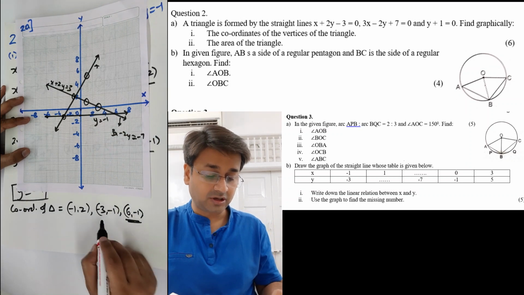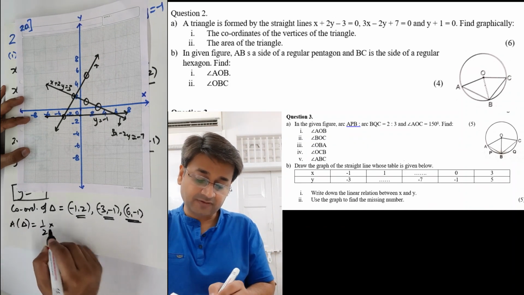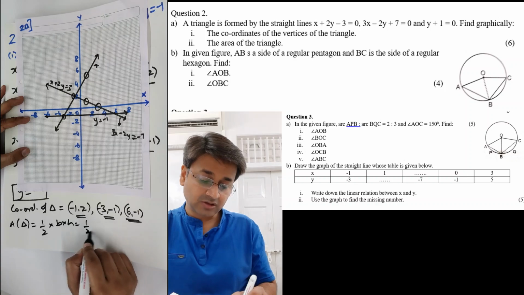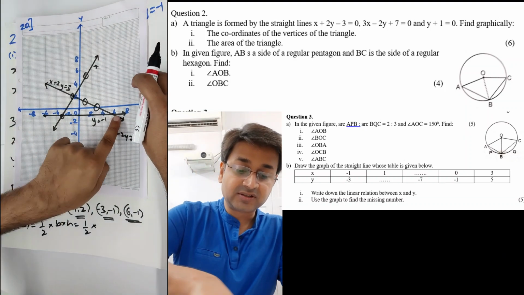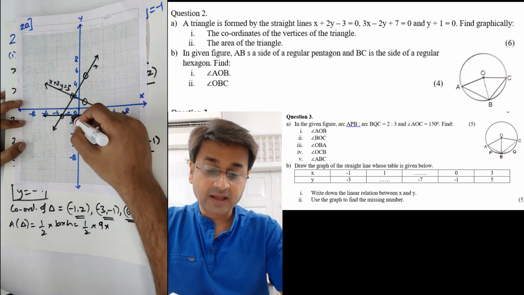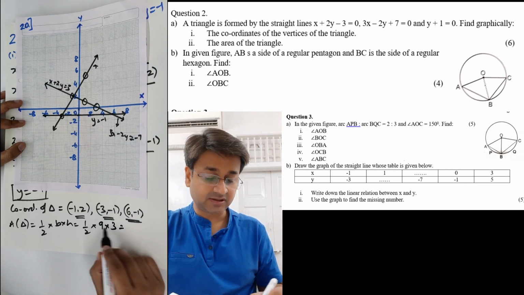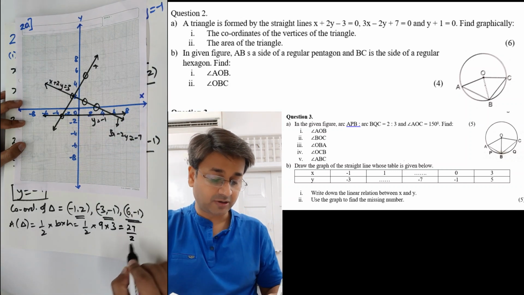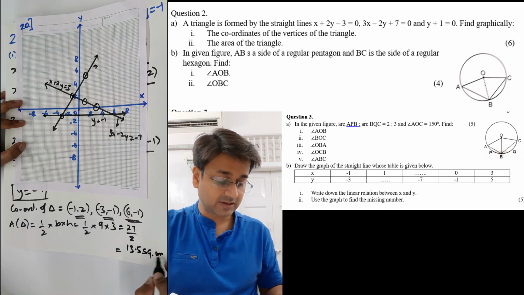So we got all the 3 points of the triangle. Now area of the triangle, half into base into height. So half into base, it starts from minus 3 till 6. So this side it is 6, this side it is 3. So the total is 9. And the height, 1 and 2, so I can take the height as 3. So that should be 27 by 2, so that should be 13.5 square centimeter.